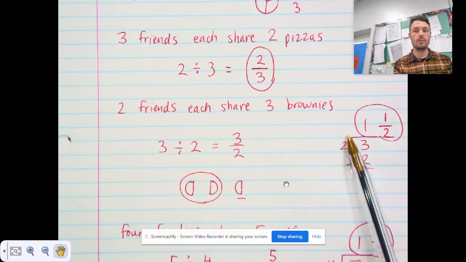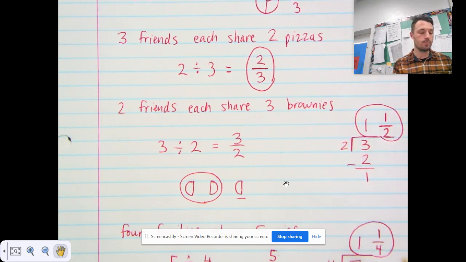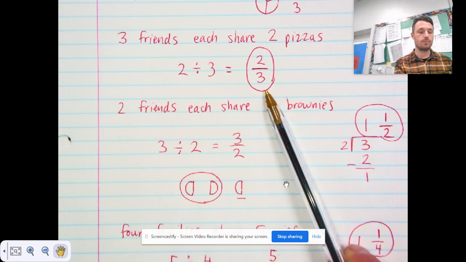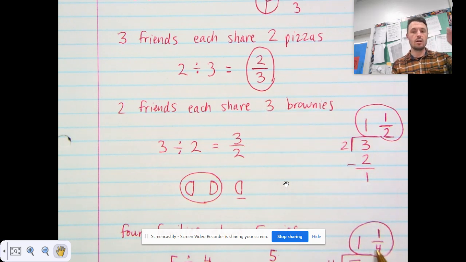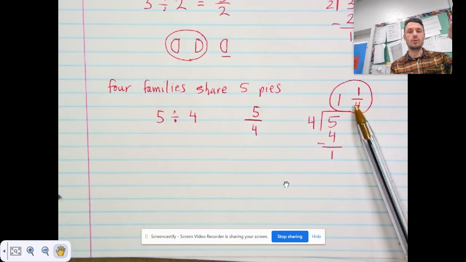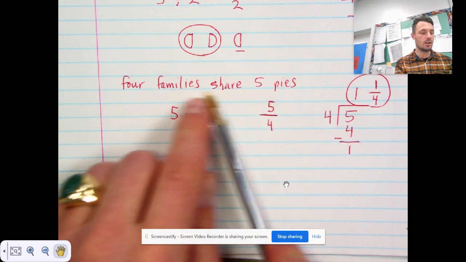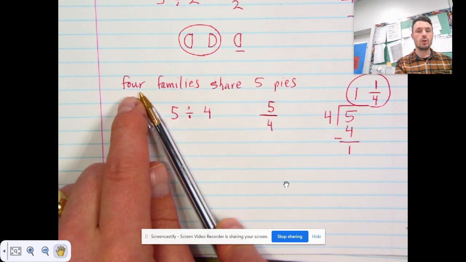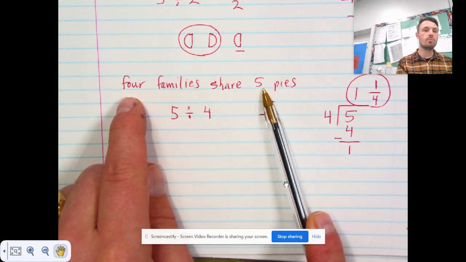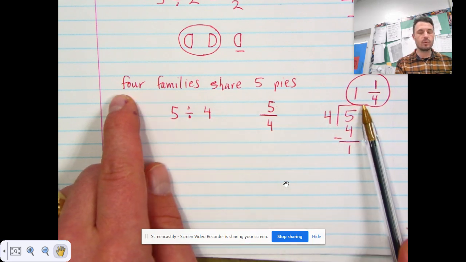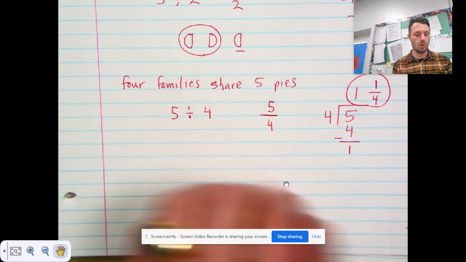Mixed numbers are more than 1, but fractions like this are less than 1. And the same thing here, we get an answer that's more than 1 because we're sharing 5 pies among 4 people. So the thing being split up is more than the amount of parts that it's broken into. So you end up with a number that's more than 1.